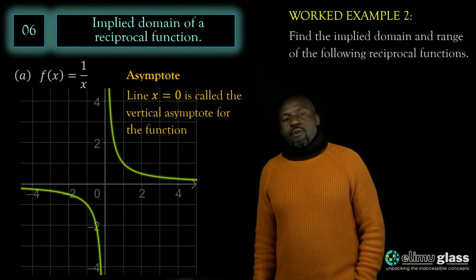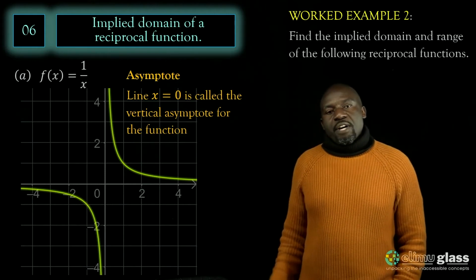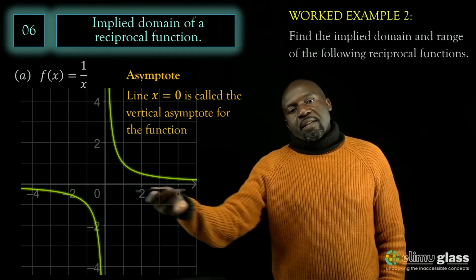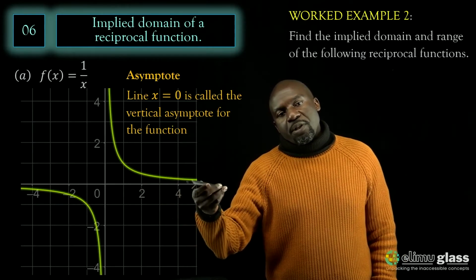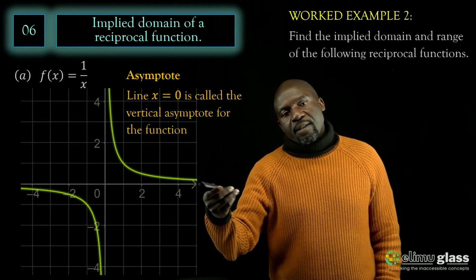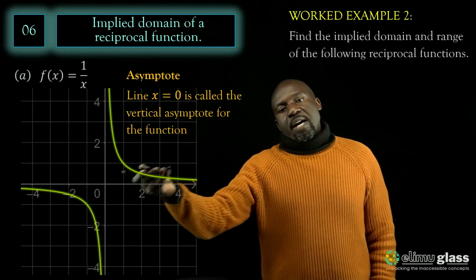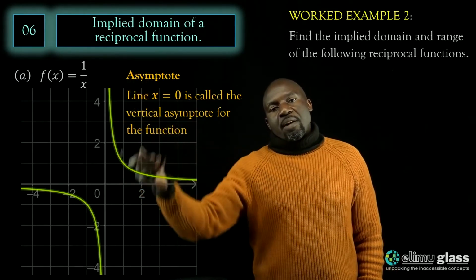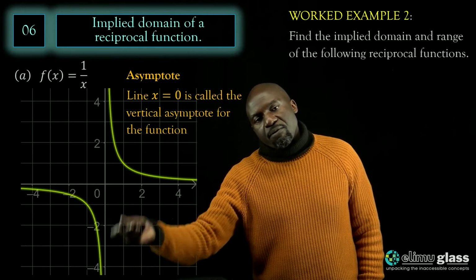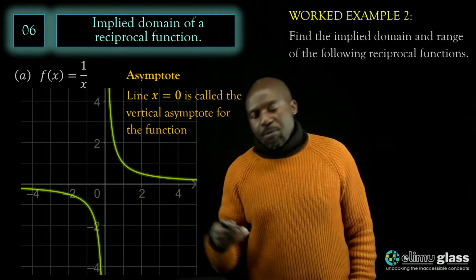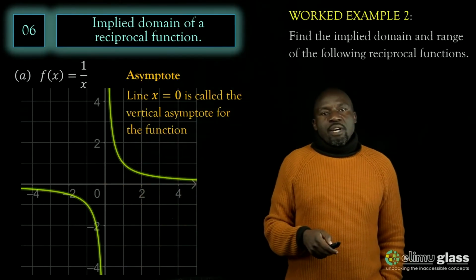Otherwise, the range of the function is anything that is not 0. The graph is also approaching 0 but never really touching the x-axis. So y has to be greater than 0, and y has to be less than 0. Anything below 0 can be a value of y, and anything above 0 can be a value of y, but not 0.